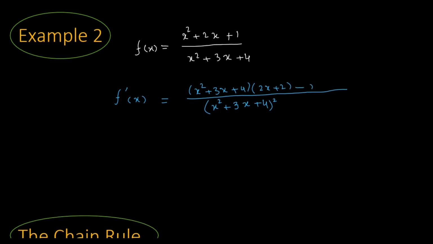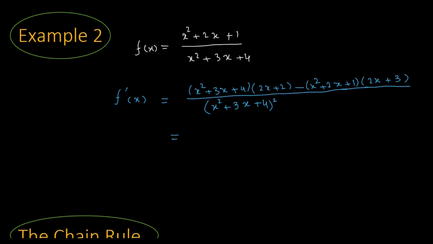minus x square plus 2x plus 1, and the derivative of x square plus 3x plus 4 will be 2x plus 3. Now you will simplify.